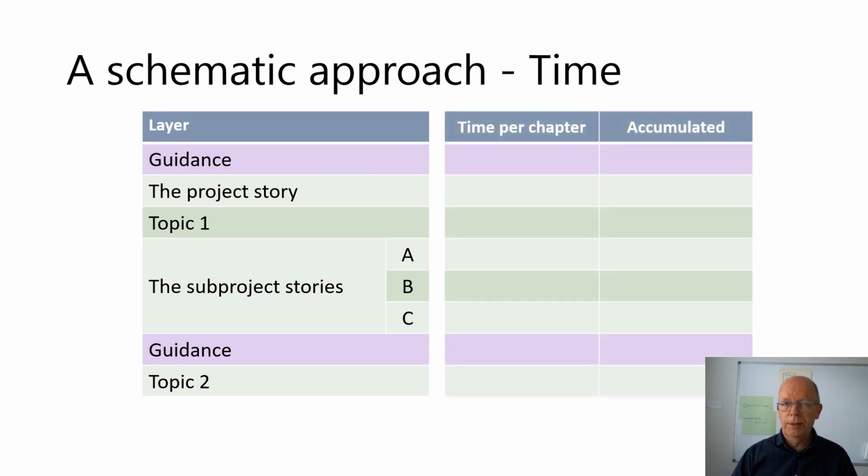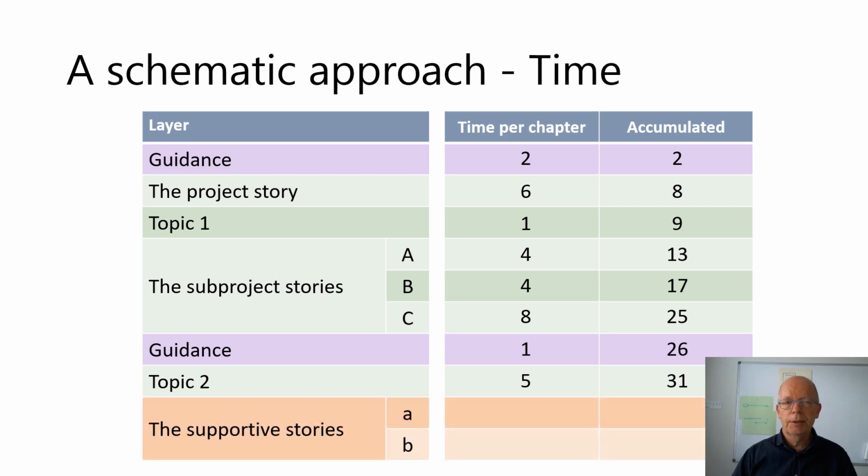I just put in minutes and accumulate it. Also adding the supportive story and accumulate. In this way, I have an overview of how much time I want to spend on the various sub-studies. For instance, 4 minutes, and 8 minutes on sub-study C. And accumulated, how long does my talk take?